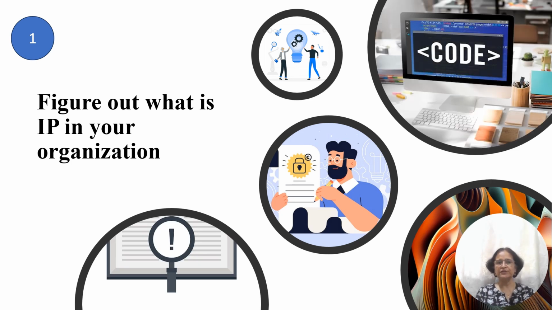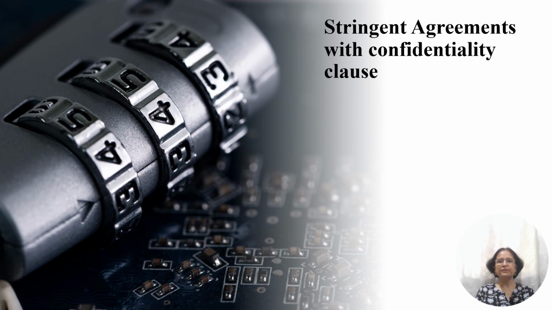So you have to make a list of what all intellectual property you have, and that should be your first step. And you can as well do an internal IP audit to take stock of whatever intellectual property you have in your organization.